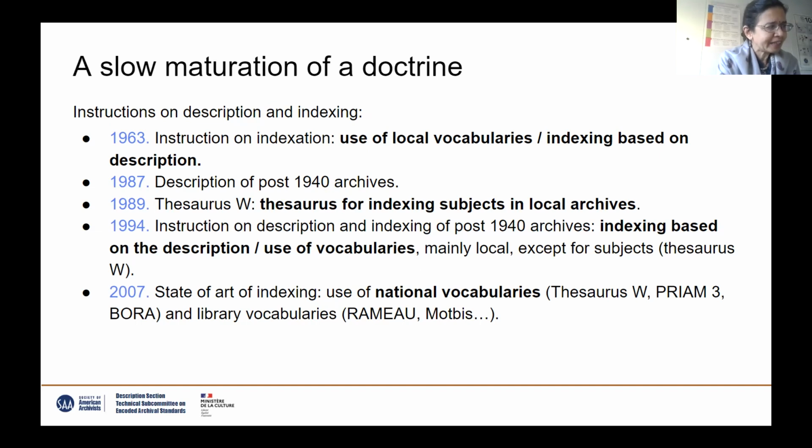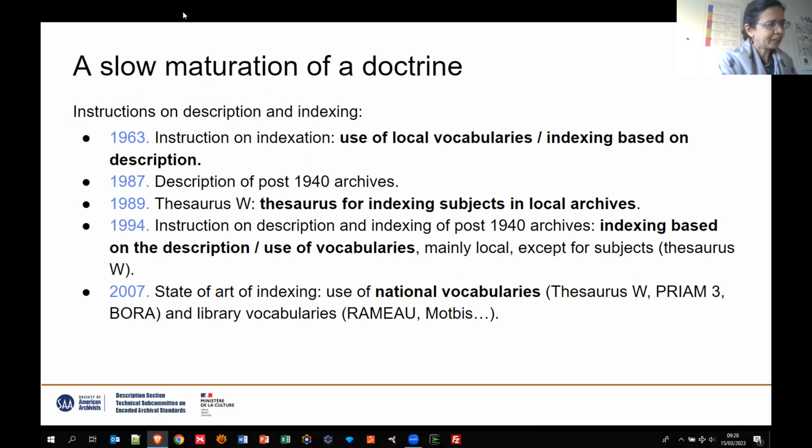These principles are indexing based on descriptions and not on documents, which was also highlighted in IZJ, as Kerstin said before. The use of controlled vocabularies, originally local, then national from 1899 onwards, and now possibly international, is promoted.